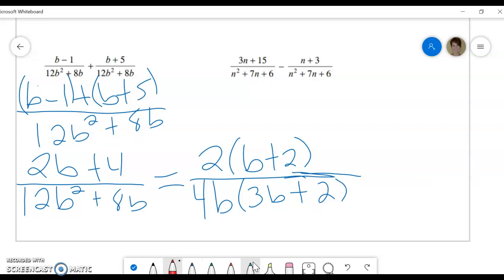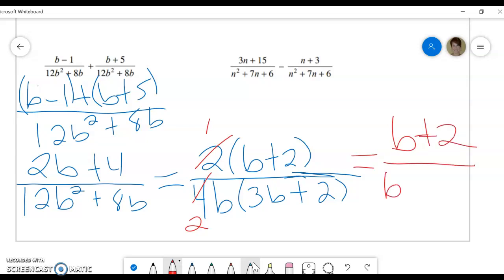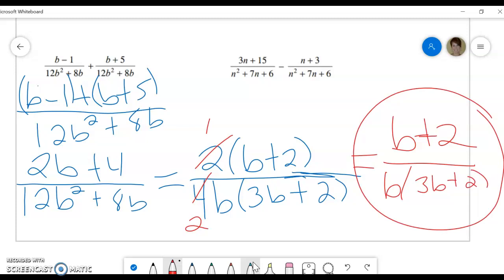Perfect. Okay. So now let's see what we can simplify. Well, a 2 will go into itself once, and 4 divided by 2 is 2. And really that's it. So the numerator of our final answer would be b plus 2, all over b times the quantity of 3b plus 2. And that would be our final answer there.